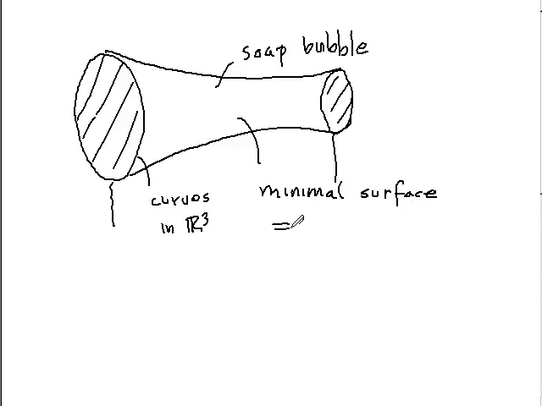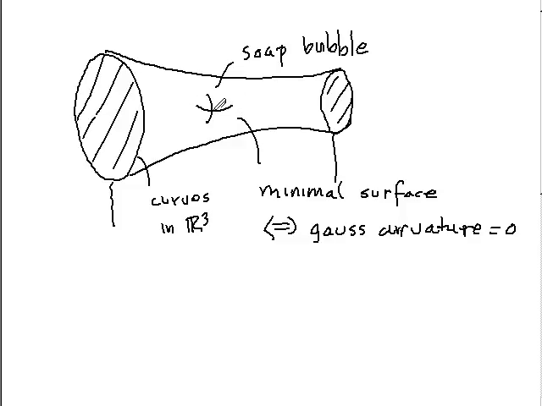And a minimal surface is exactly a surface with Gauss curvature 0. The reason why it has Gauss curvature 0 is that, and you can see pretty much that this is like a saddle point surface, because you have curvature one direction this way and curvature the other direction this way.